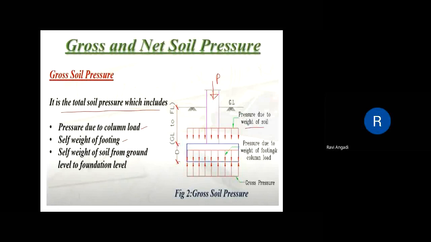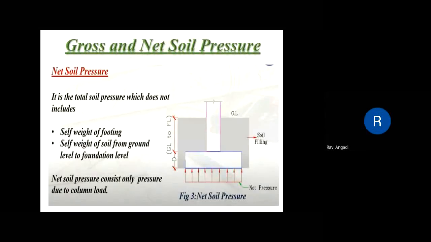This is the pressure distribution over the footing, and the pressure due to the weight of the footing and column load is also marked here. Due to these three loads, the sum of all these is what we call the gross soil pressure at the bottom of the footing.